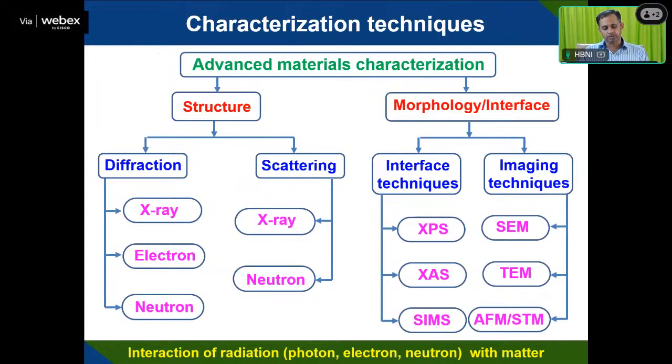All this characterization, as I told, depends on the interaction of radiation, that is photon, electron, and neutron, with matter. X-ray diffraction, X-ray scattering, XPS, or X-ray absorption spectroscopy all depend on the interaction of the photon with the matter of your sample. Similarly, electron techniques like electron diffraction, scanning electron microscope, and tunneling microscope depend on the interaction of electrons with matter.